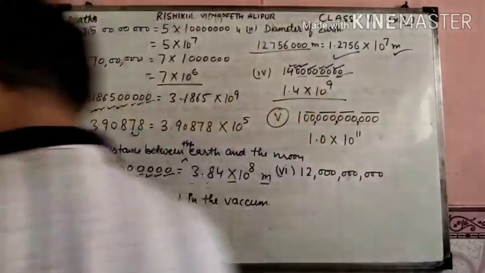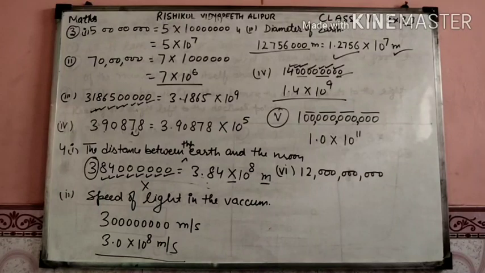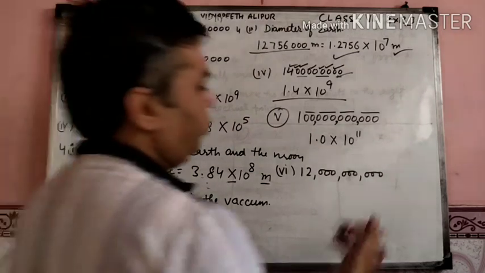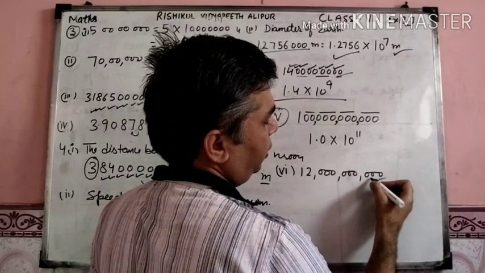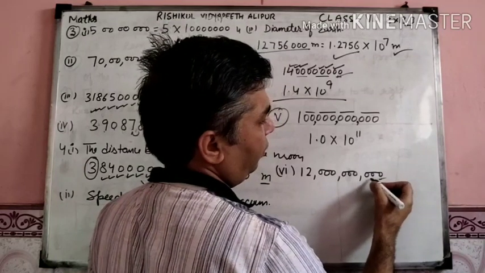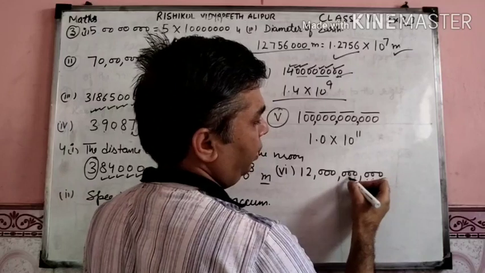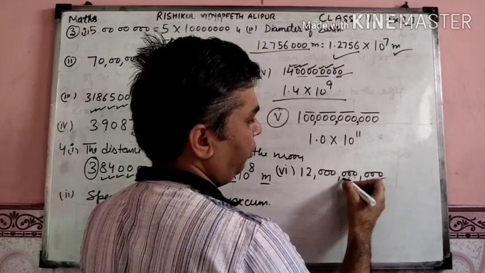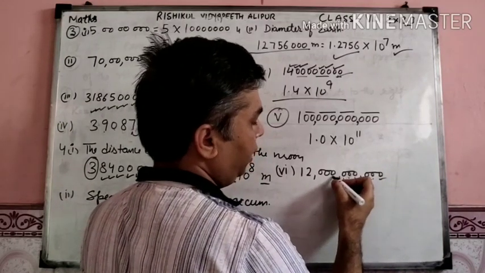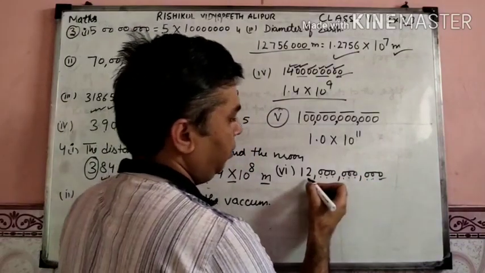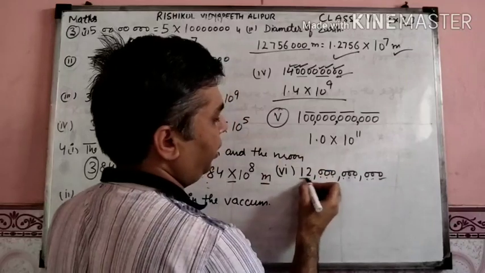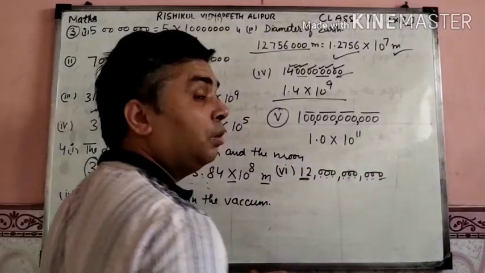If you count it, units, ones, tens, 100, 1000, 10,000, 100,000, million, 10 million, 100 million, billion, 10 billion. So it can be read as 12 billion.